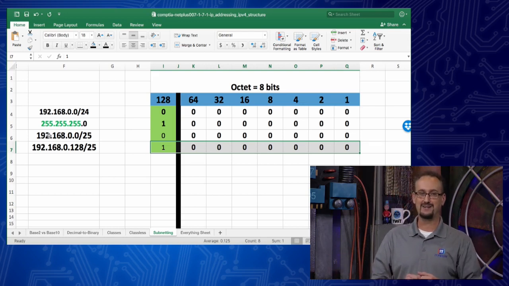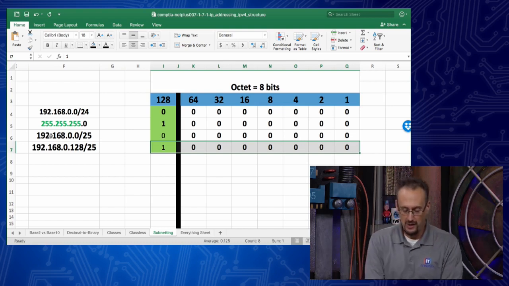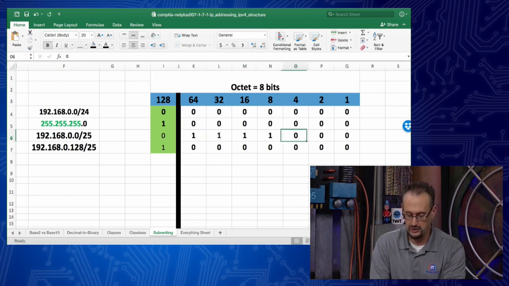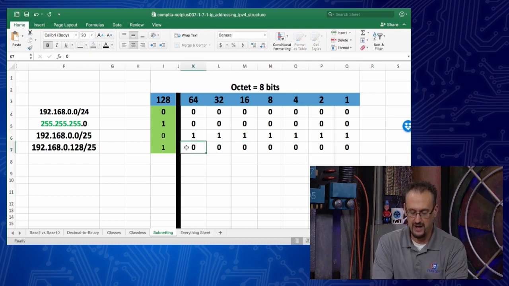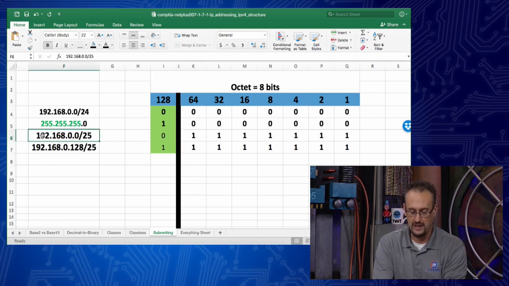Well, how do we figure out the broadcast within these network ranges? All right. Well, that is defined as being all 1 bits in the host portion or node portion. So take the dividing line and just past that dividing line, where you know these are node bits, put all 1s in there and then take that out of the binary. So if the network ID for this network is 192.168.0.0, what is the broadcast ID?